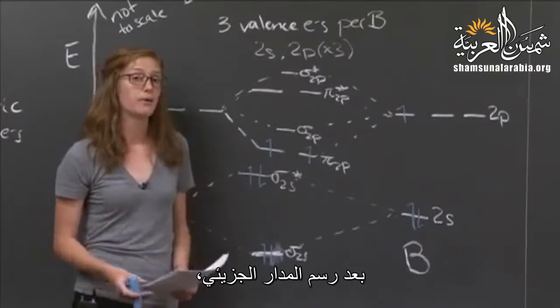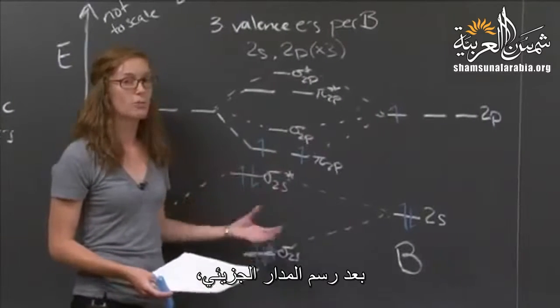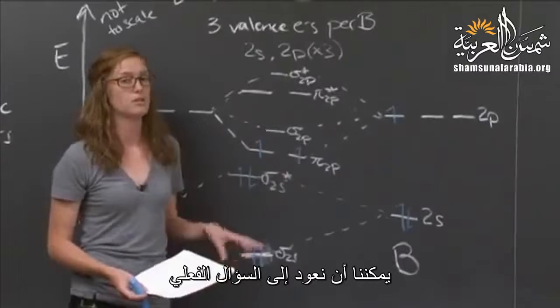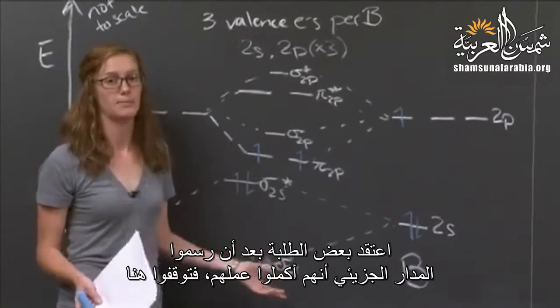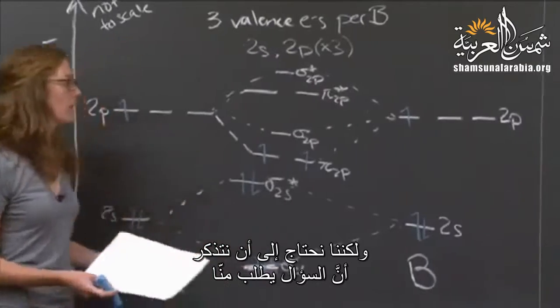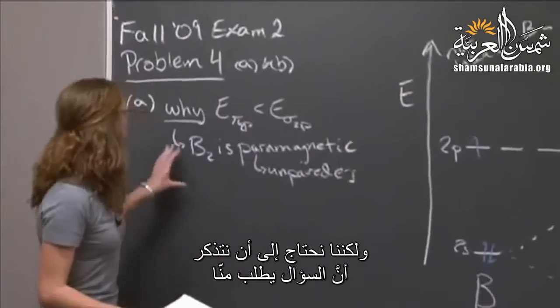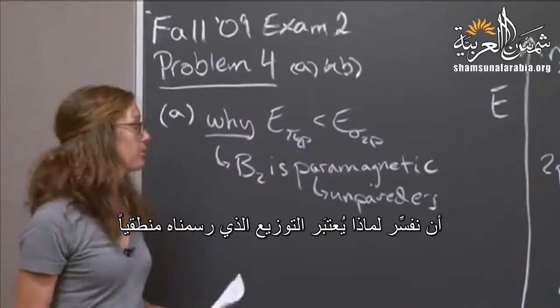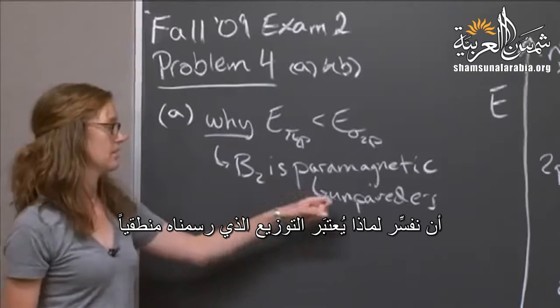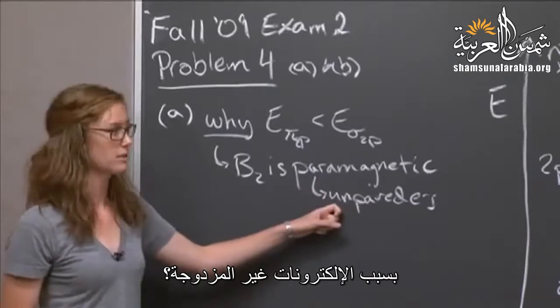Now that we have our molecular orbital diagram, we can go back to the actual question. Some students stopped here and were like, I made the molecular orbital diagram, I'm done. But we need to remember that the question is asking us why the configuration we drew makes sense because of the unpaired electrons.